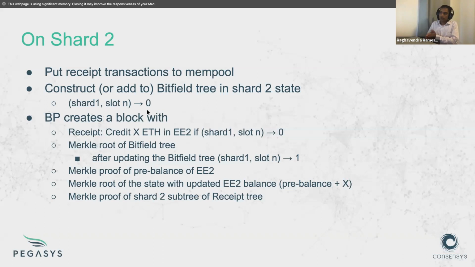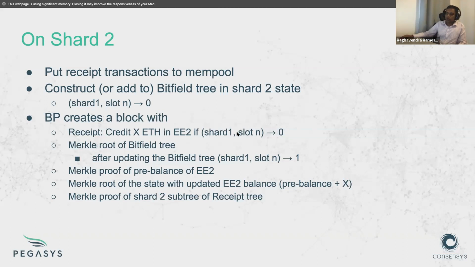So the block proposer on shard2 creates a block including this receipt, which is like credit X ether to EE2, if this Bitfield is set to 0. Then it also includes the Merkle root of the updated Bitfield tree. It includes the Merkle proof of the pre-balance of EE2 and the Merkle root of the updated EE2, just to show the sanctity of this credit transaction.